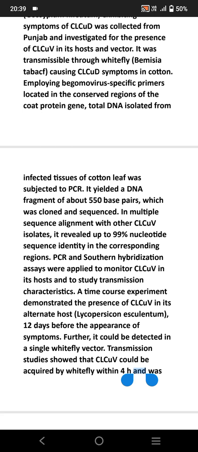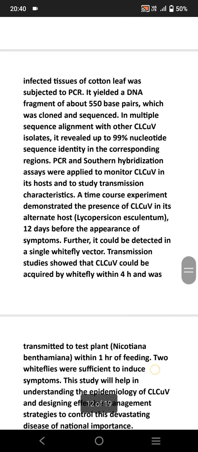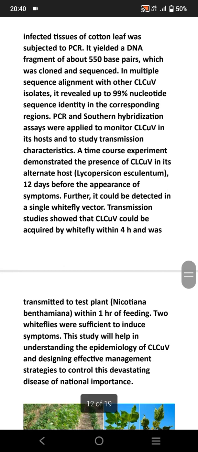Further, it could be detected in a single whitefly vector. Transmission studies showed the cotton leaf curl virus could be acquired by whitefly within a short time and was transmitted to test plants within 1 hour of feeding. Two whiteflies were sufficient to induce symptoms.